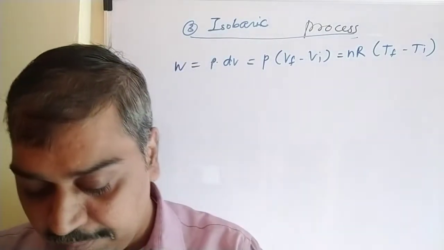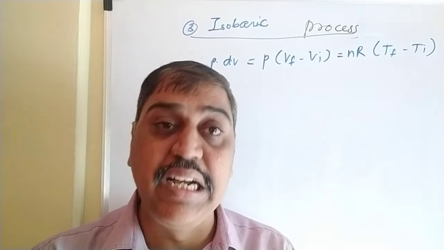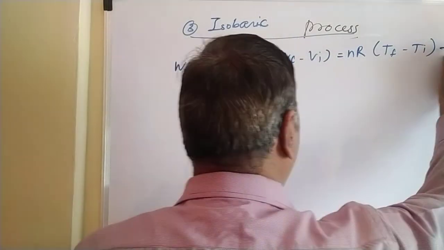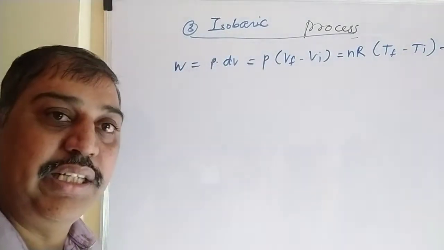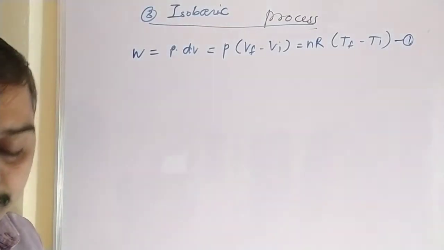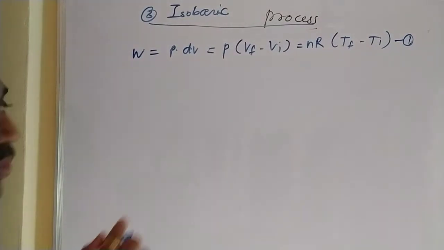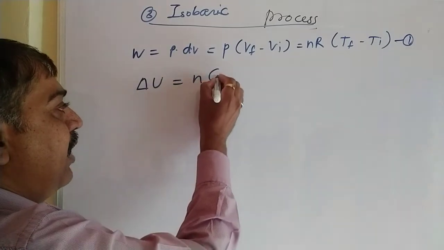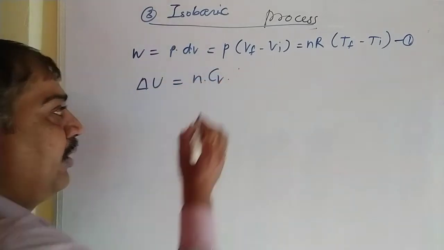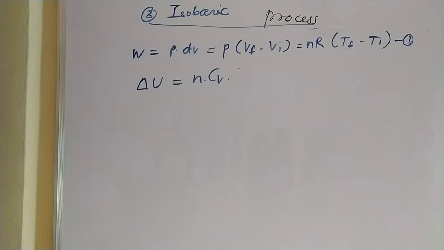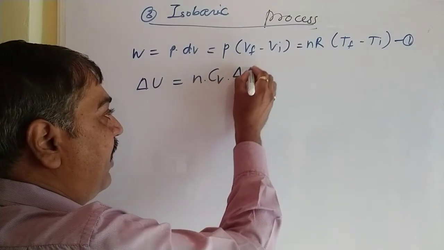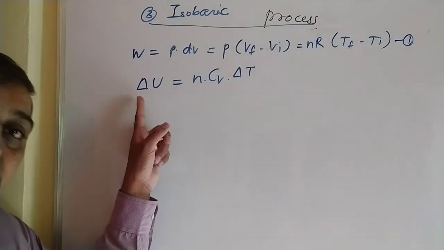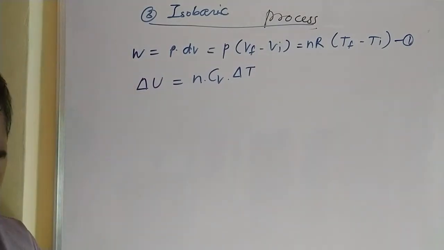Now let's go further. From this we can find the change in internal energy of the system. Suppose this is equation 1. What is the change in internal energy of the system? It is given as ΔU equal to n into Cv into ΔT. ΔU means internal energy.